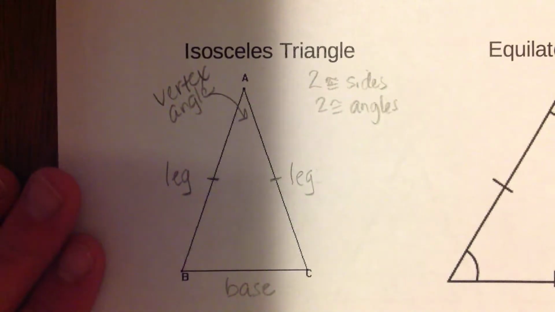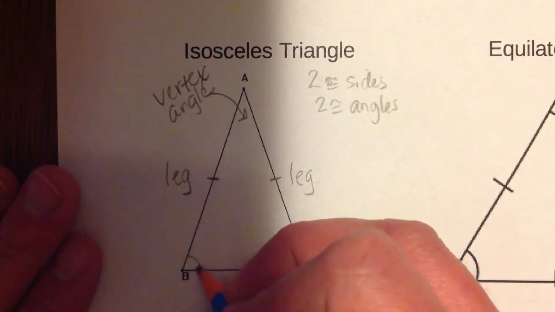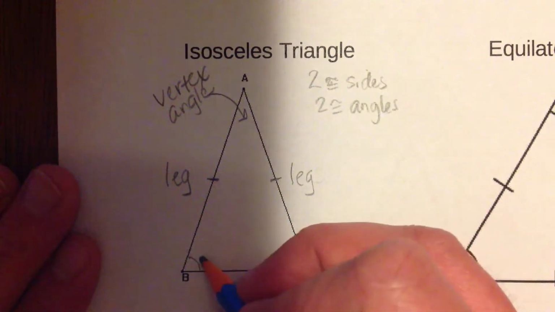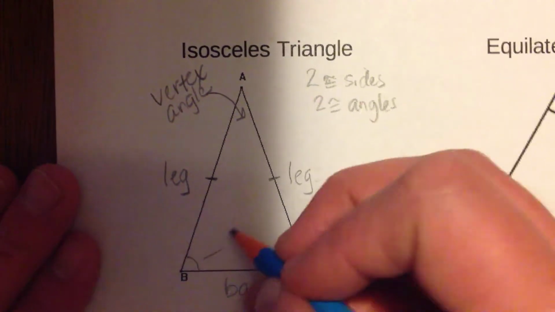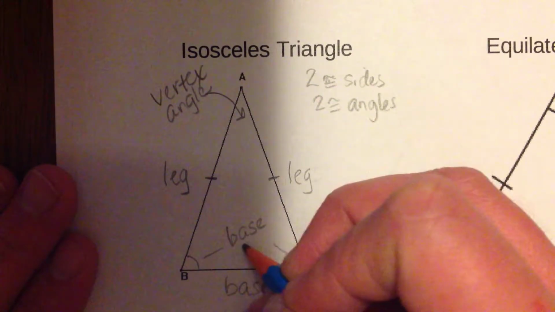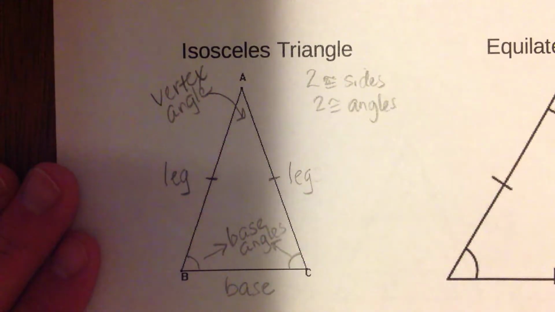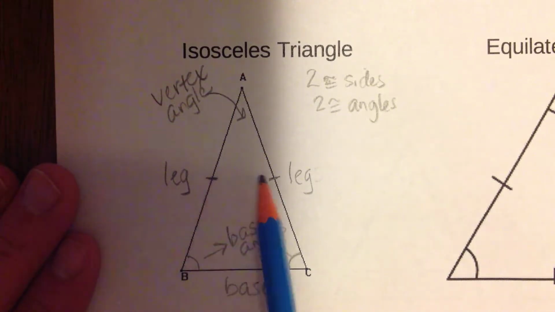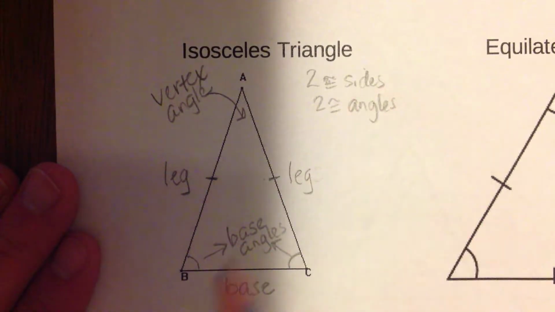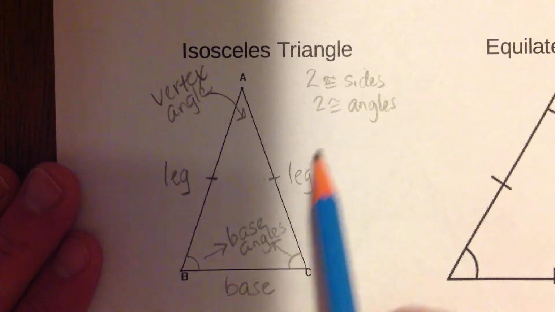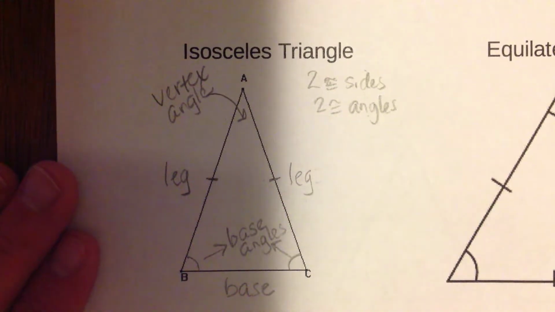And then here we have our two base angles. Another important part to note is that your two legs are congruent, those are my two congruent sides, and my two base angles are congruent, those are my two congruent angles.